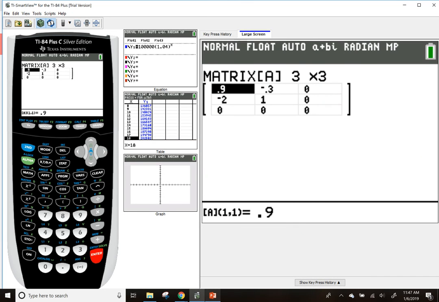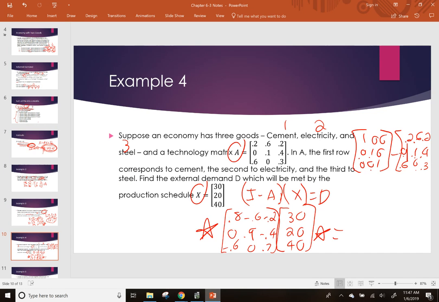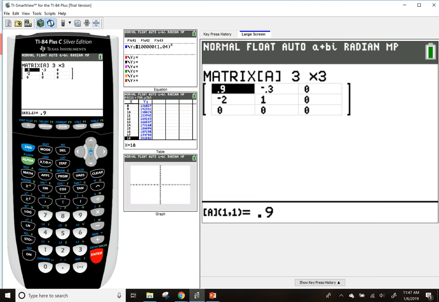0.8, negative 0.6, negative 0.2. Then it was 0, 0.9, negative 0.4, negative 0.6.